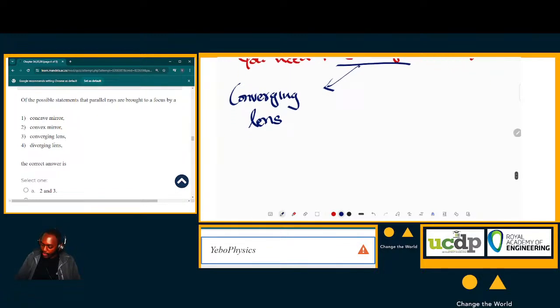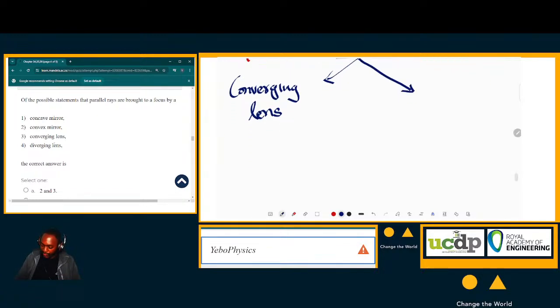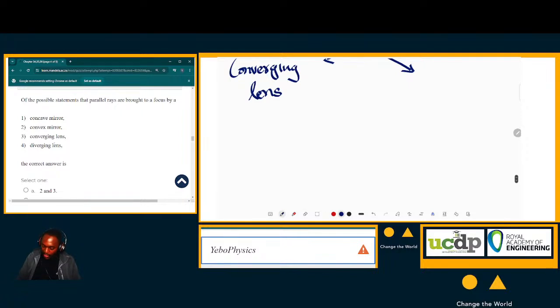So if we look at our mirrors, you have got a convex mirror, which looks more like this. Okay, this is your convex mirror.